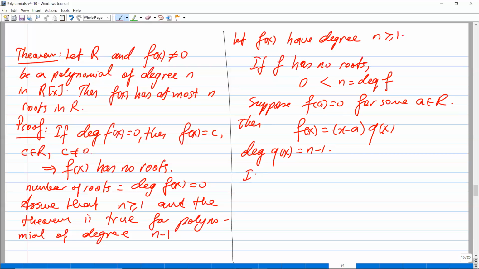So if f of r is equal to 0 for some r, then what do we have? r minus a times q of r is equal to 0.